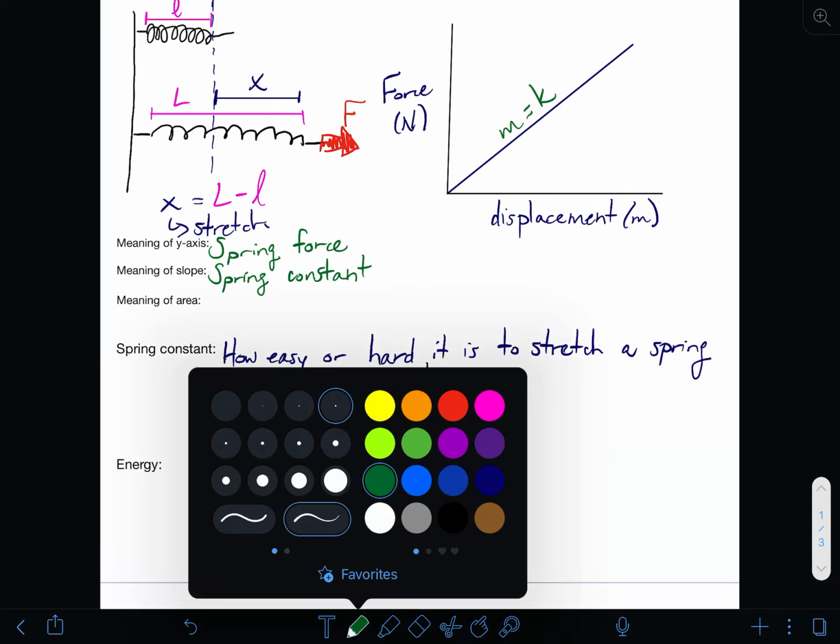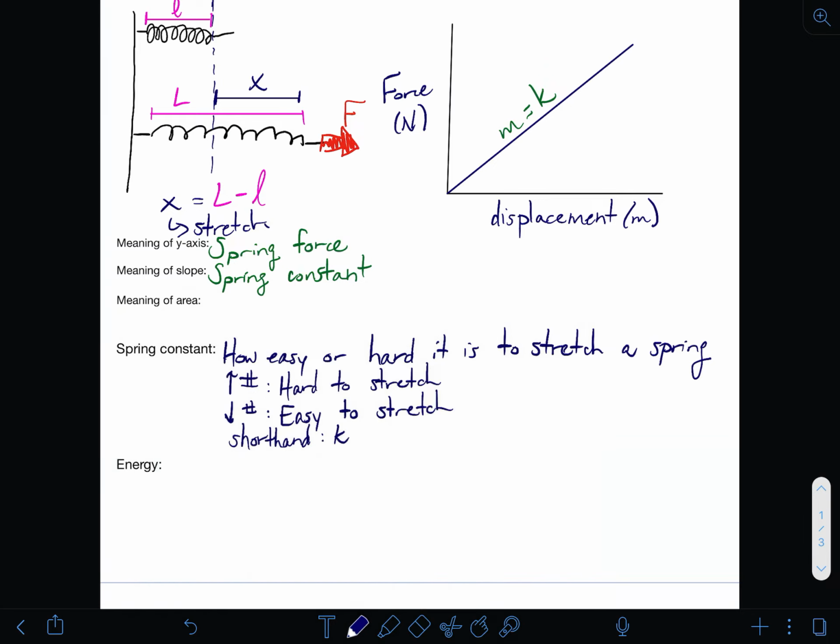And then the other thing that you should know about spring constant is that the unit used to measure spring constant is newton per meter. That's really coming from the fact that this spring constant is being represented by this slope. And since slope is y over x, we take the unit of the y and divide it by the unit of our x in order to get the units of this spring constant. So it is newtons per meter.